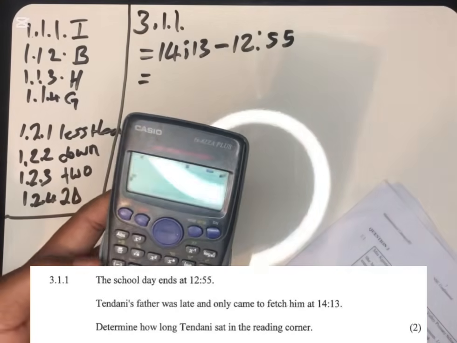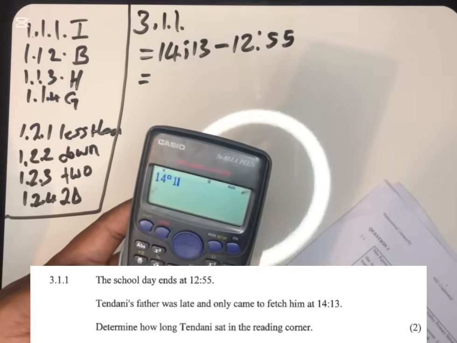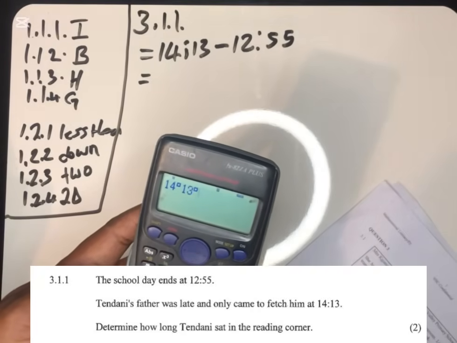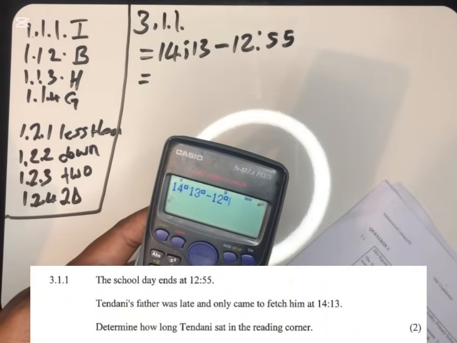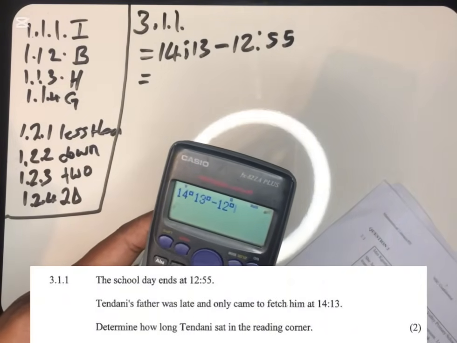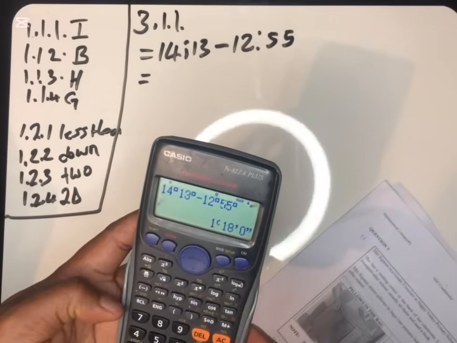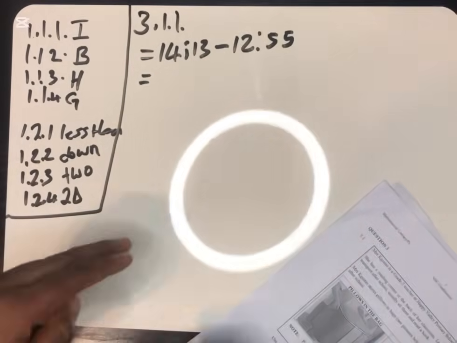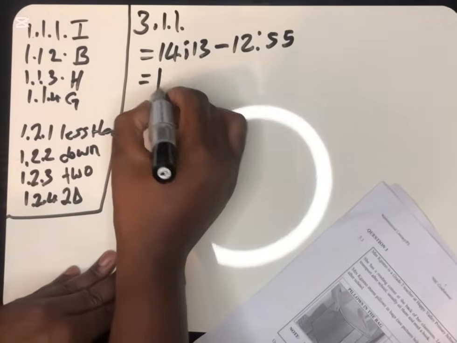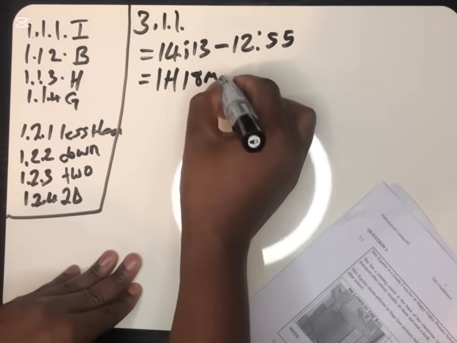We say 14, we press this. 13, we press this. Minus 12, we press this. I'm talking about the button written fact on the calculator. And then 55, we press this again. We can see that it is 1 hour 18 minutes. 1 hour and 18 minutes.